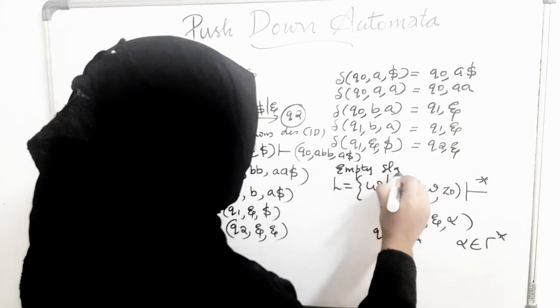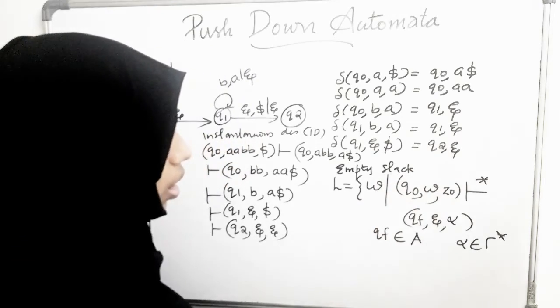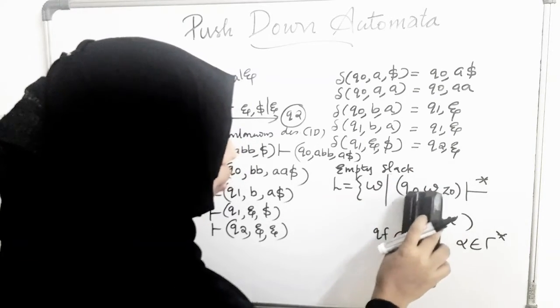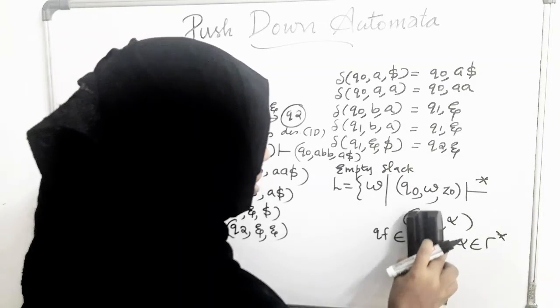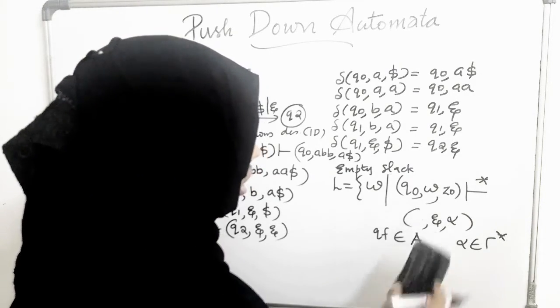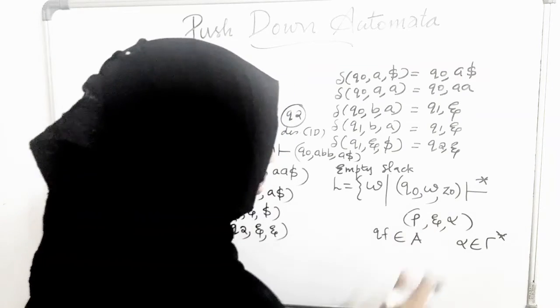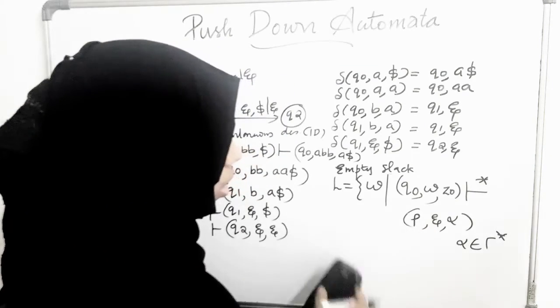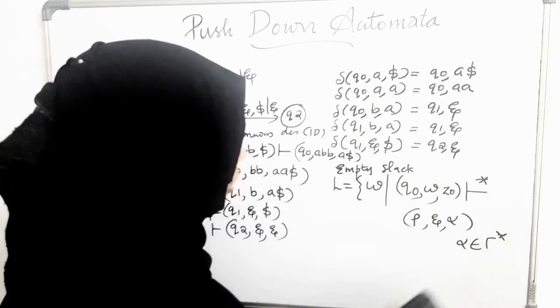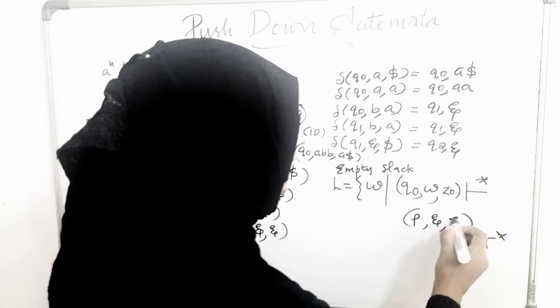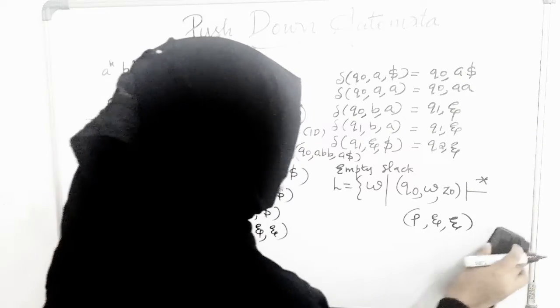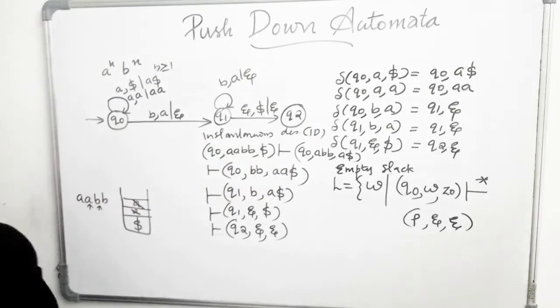Empty stack acceptance can be written as: when you give W to Q0, with the initial stack symbol Z0, you may reach some state P. It need not be a state from the final states. The input has been completely processed and the stack is also empty. So this is how you denote empty stack acceptance.